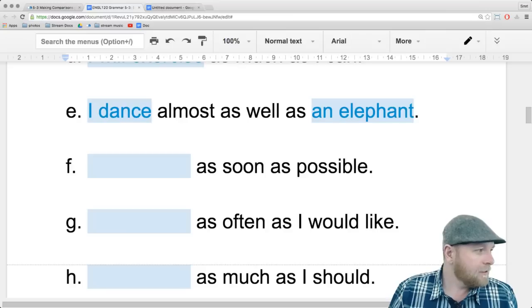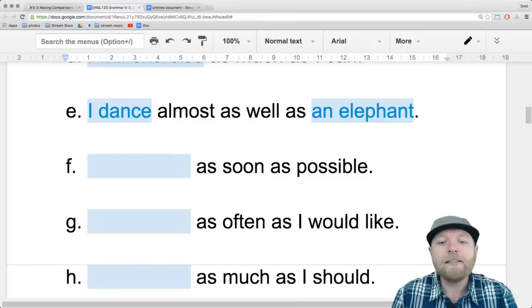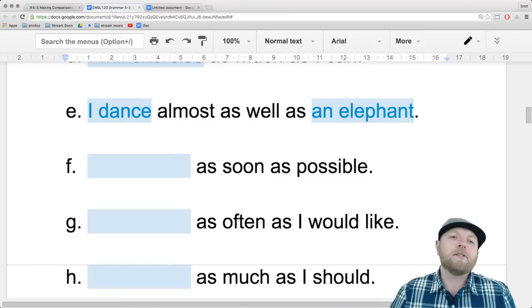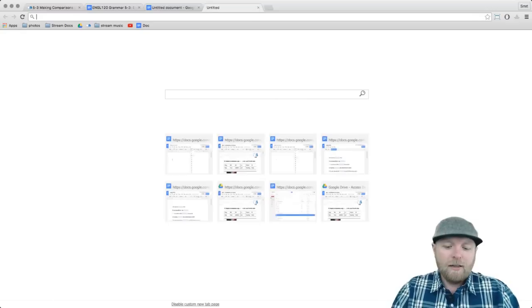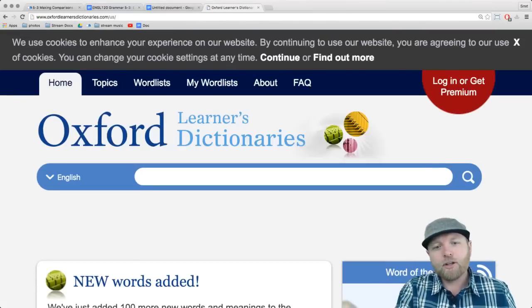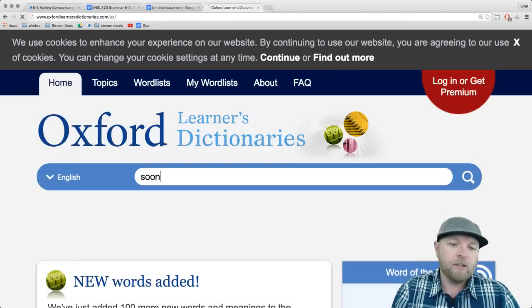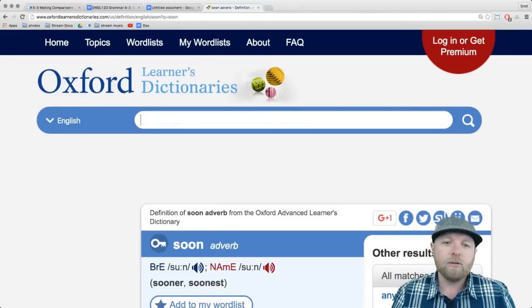Okay, and let's do a couple more. We're running out of time. F, as soon as possible. Well, let's check a dictionary here. Let's open Oxford Learner's Dictionary. If you guys are not sure, this is how you do it. Open a dictionary, type "soon." Why am I checking "soon"?